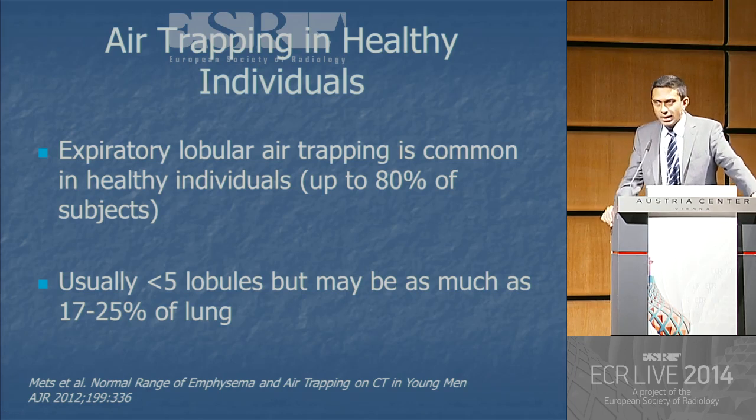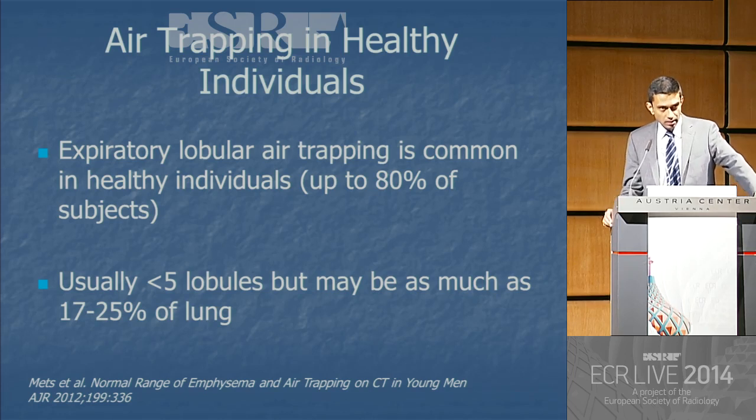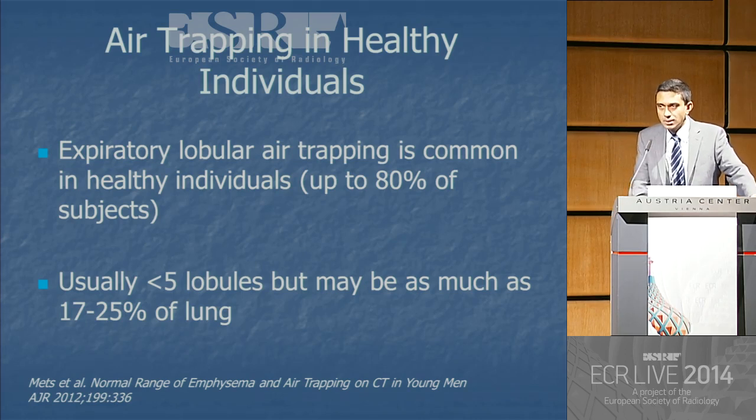I mentioned earlier the question of whether or not air trapping was clinically significant, and this is literature that you should be aware of when it comes to interpreting expiratory CT. It's been shown in a number of publications that healthy asymptomatic individuals can demonstrate air trapping on expiratory CT, in fact, up to 80% of subjects in some studies.